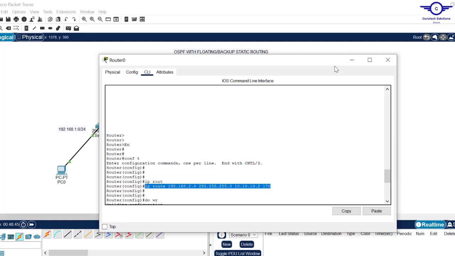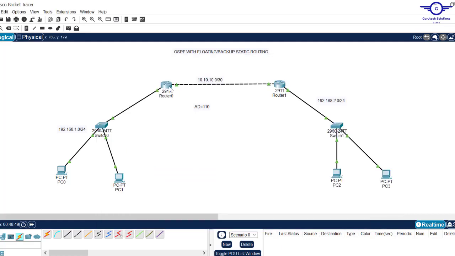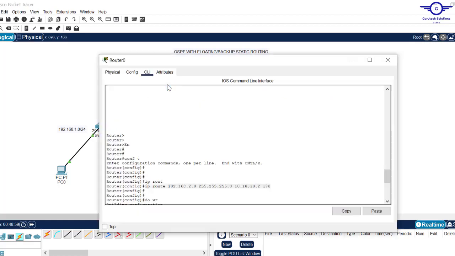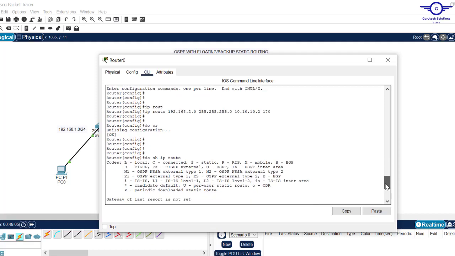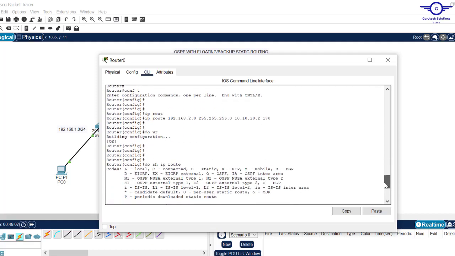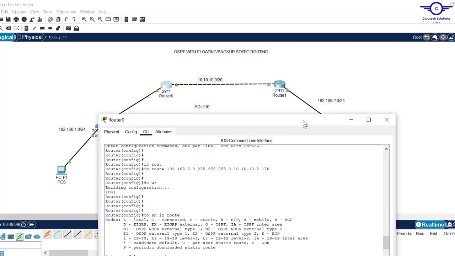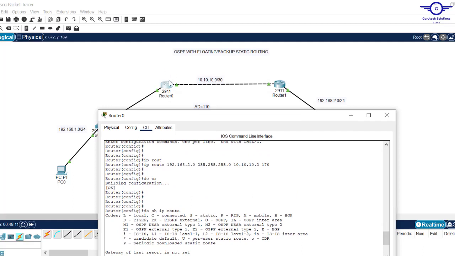Let me explain. When you want to go to the destination, when this router wants to forward a packet to this network, to this destination, we are telling it to forward the packet here. We are working on router 1, or router 0? Router 0. We are working on this router here, right?